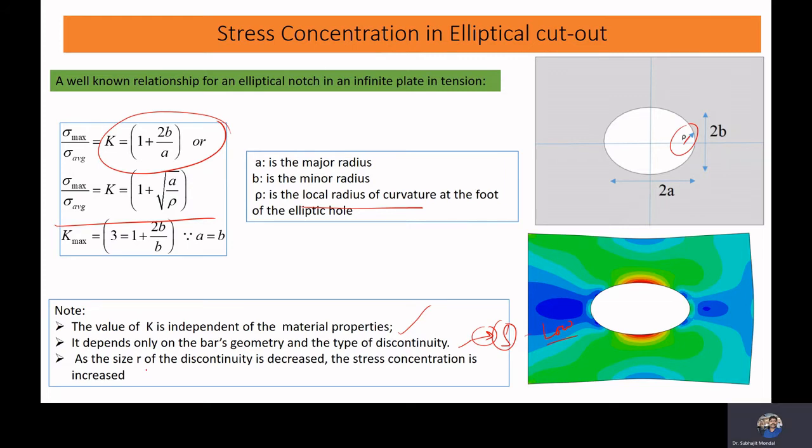Basically, as the size of rho of the discontinuity decreases, the stress concentration will increase. If we have a higher value of rho, our stress concentration will be low.